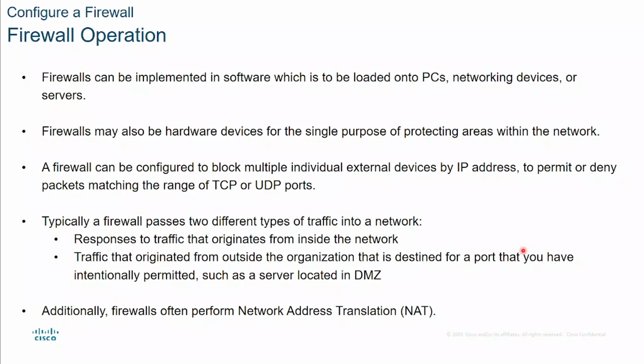A firewall can be configured to block multiple individual external devices by IP address, or to permit or deny packets matching a range of TCP or UDP ports. A firewall passes different types of traffic into a network: responses to traffic that originates from inside the network, and traffic originating from outside the organization that is destined for a port that you have intentionally permitted, such as a server located in the DMZ, the demilitarized zone.